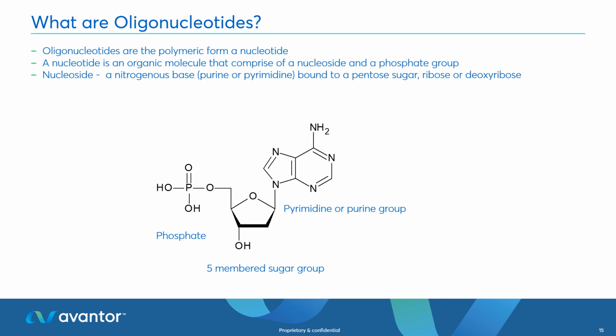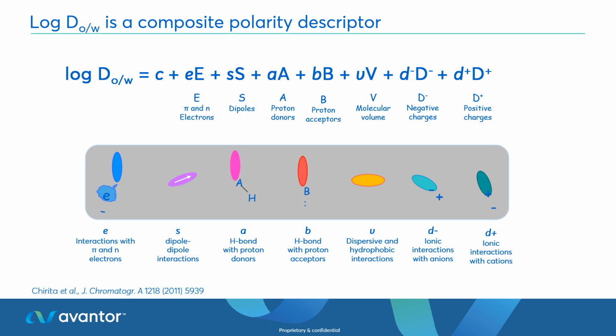One of the parameters that I discussed briefly beforehand was the importance of log D, or log distribution. The log distribution refers to how a molecule distributes itself between two immiscible phases, typically octanol, in this case the little o, and water. These two phases are immiscible.